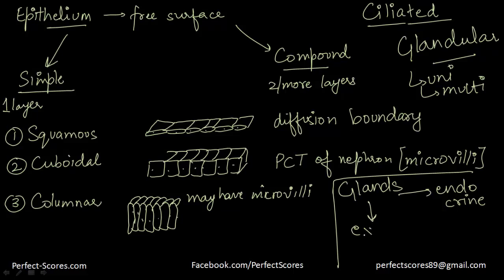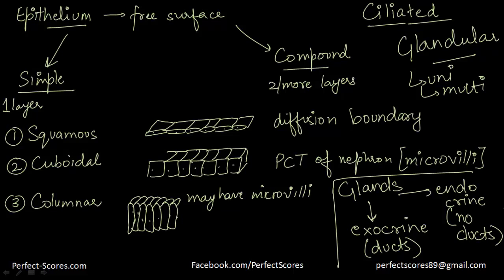And then you have exocrine glands, like the salivary glands or pancreas, which secrete their secretions like saliva or oil or mucus directly outside the surface through their own ducts. So exocrine glands have ducts, and endocrine glands do not have any ducts.